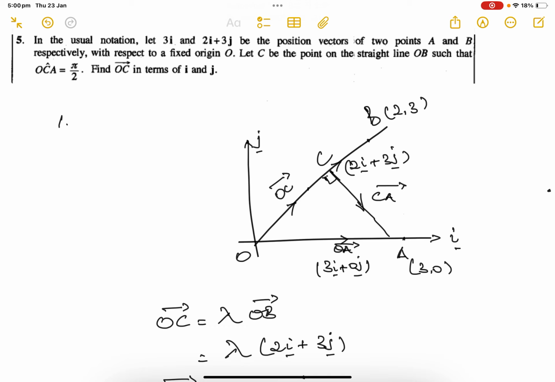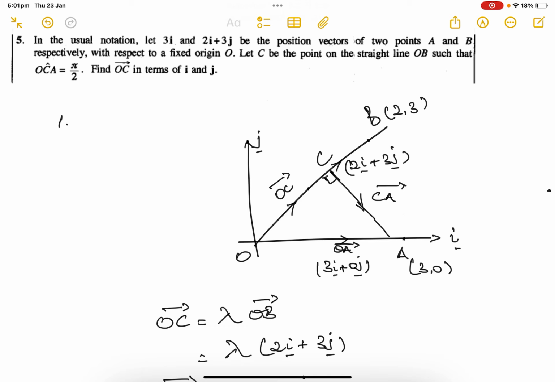Let's do a little sketch with the information given. So A is 3i, the position vector of A is 3i.